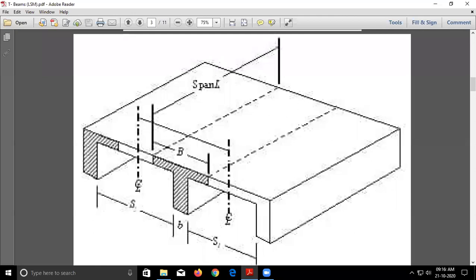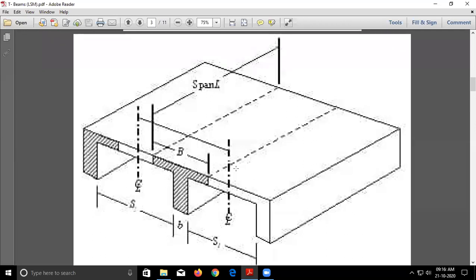This is called a T beam, and this is called the L beam. This B is the width of the beam. Let us say S1, S2 is the span of the slab. I hope you can see my cursor. This span is the span of the beam, and this is the span of the slab. Is this clear everyone?